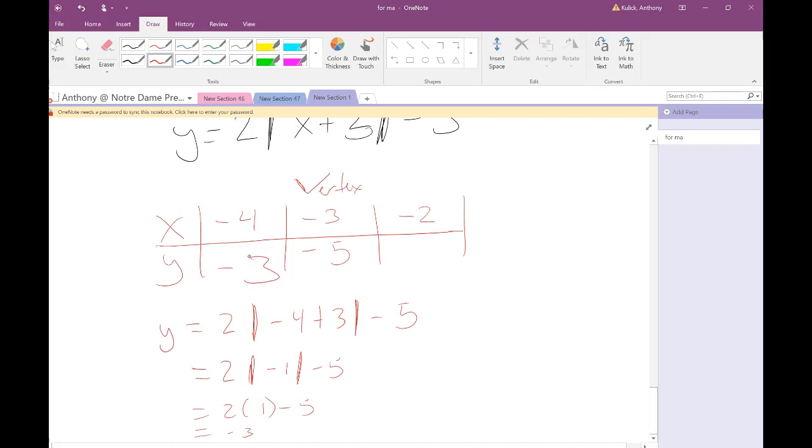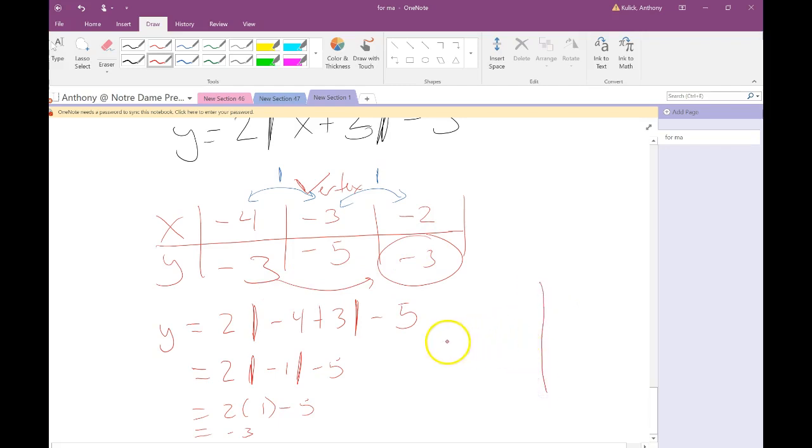Okay, so far? And now, I remember here that because I've picked these x values so that they're the same distance from the vertex, when I do that, I get the other y value for free. It should be exactly the same.